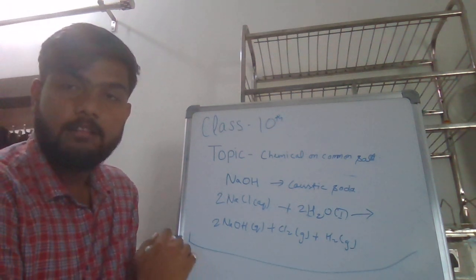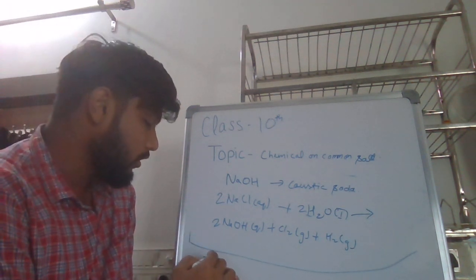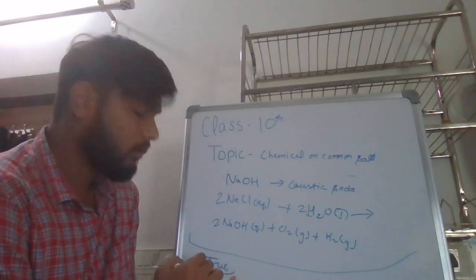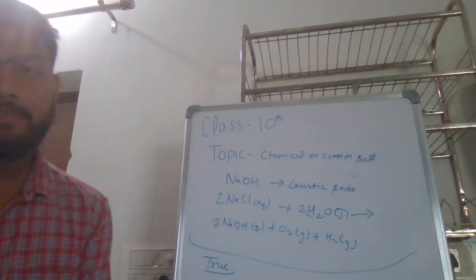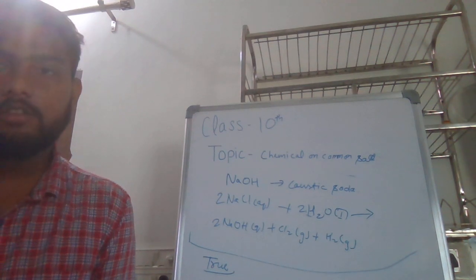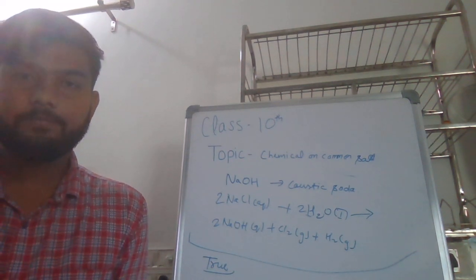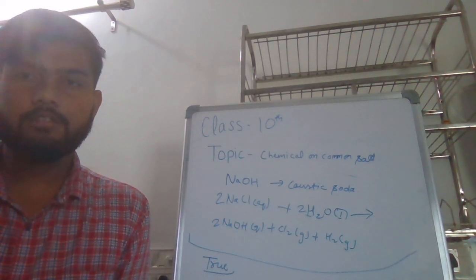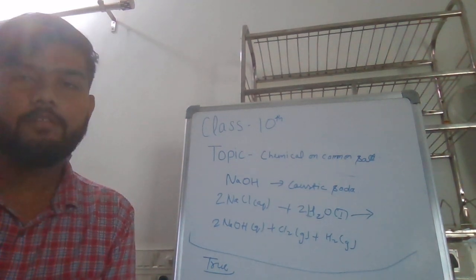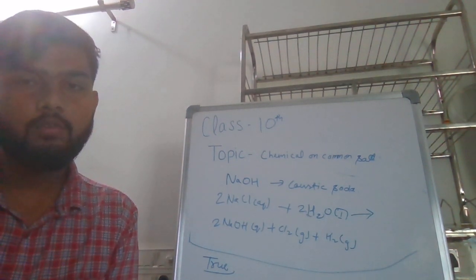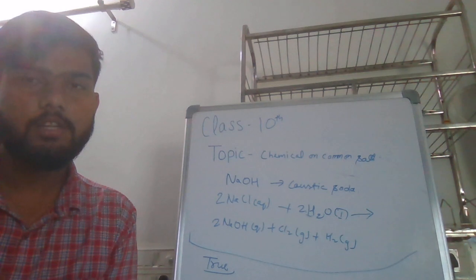So we can see that the statement is true, because when electricity is passed through an aqueous solution of sodium chloride, it decomposes to form sodium hydroxide. Okay, very good. So the statement is true.